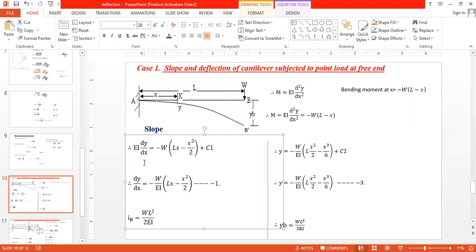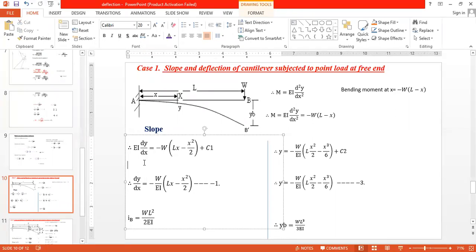Therefore, for finding the constant of integration, you apply this condition: at the fixed support, dy by dx equal to 0.